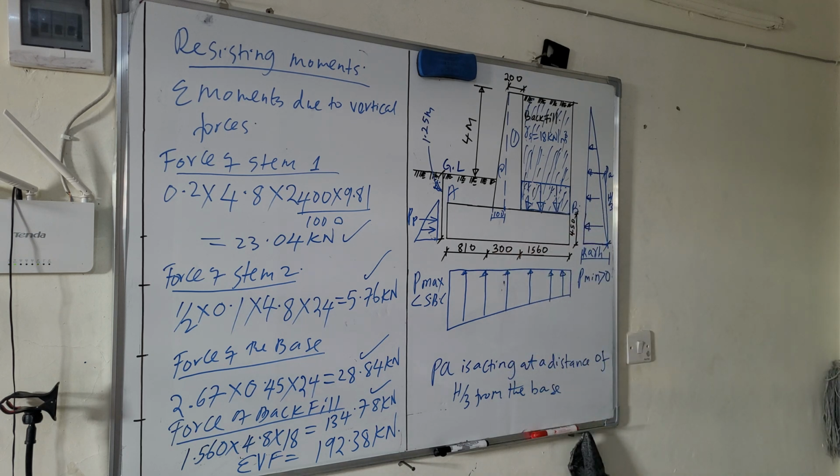So that is the total vertical forces, which is 192.38 kilonewton. So after doing so, now we proceed to moment due to vertical forces. And this is how we do it.